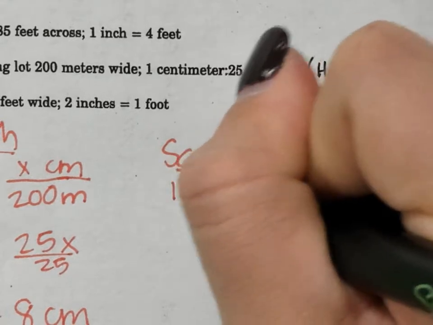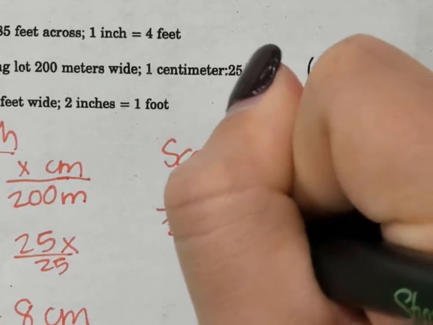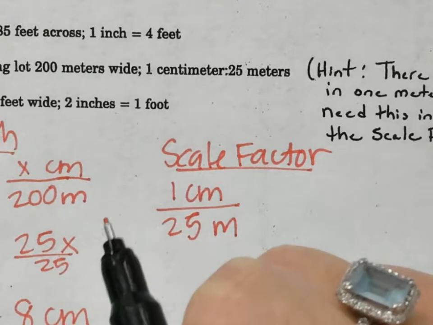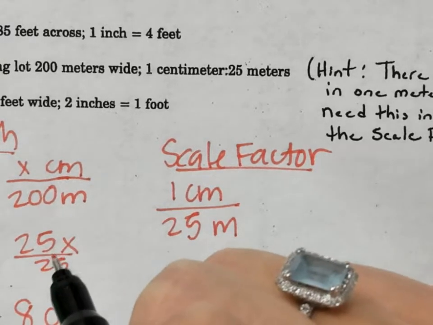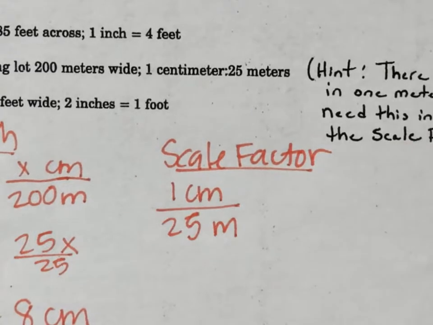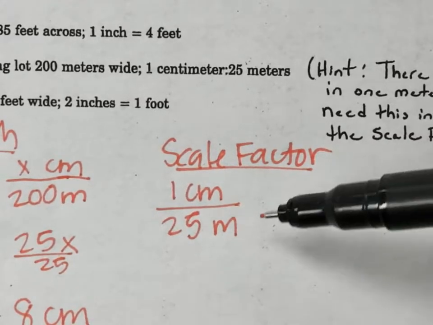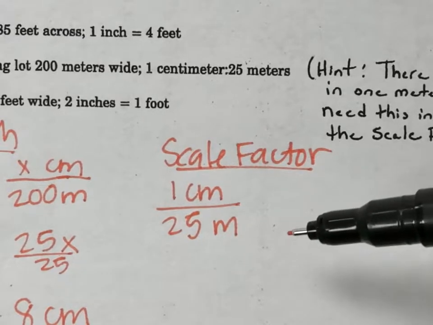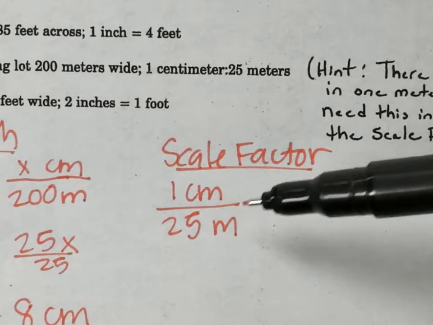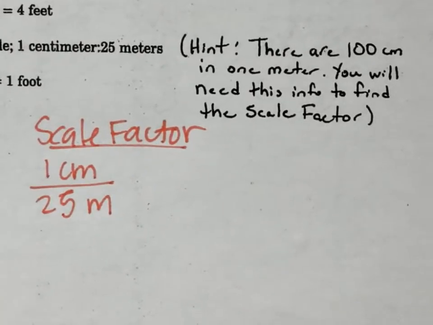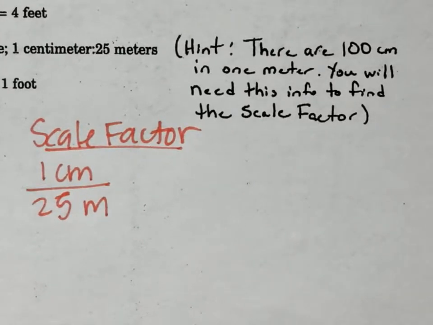1 centimeter over 25 meters. So then step 2 is to convert my larger to the smaller. So meters is larger. So I need to convert my meters into centimeters. It tells me right here, it says hint, there are 100 centimeters in 1 meter.